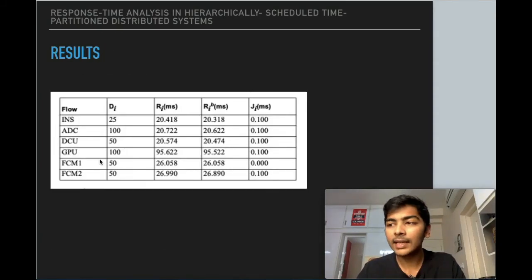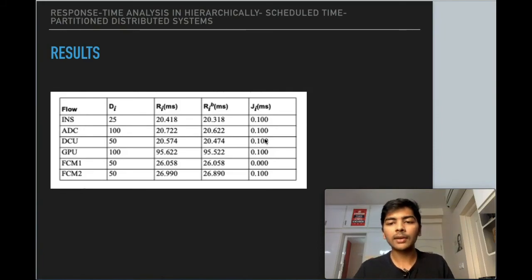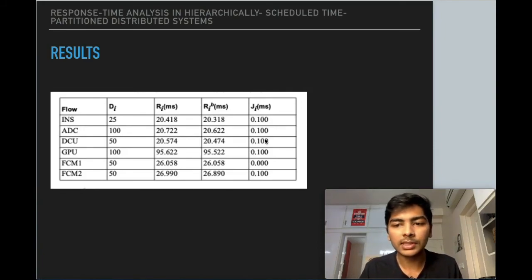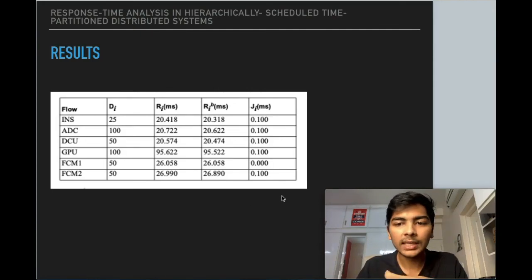In the end we have this result: all the timing requirements are met, and we have a small jitter value of 0.1 due to the synchronized nature of the implementation. Because we don't have all the processes in one system, it's a distributed system, so there will be a little bit of jitter. The system has to manage this jitter, and it's optimized to do so.